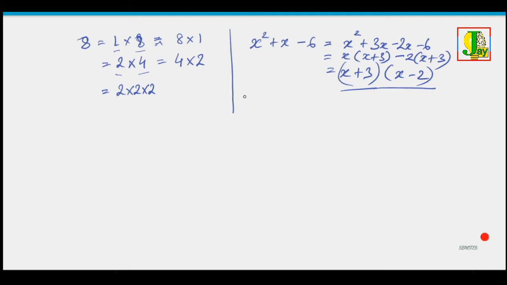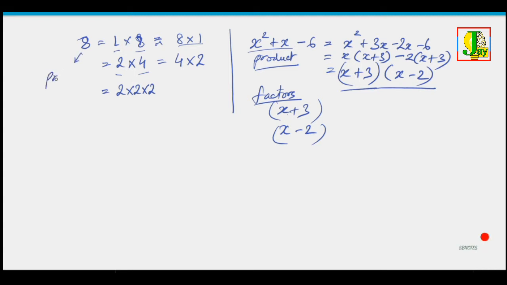If I ask you the factors, then you will write x plus 3 is a factor, and x minus 2 is a factor. These are the factors, and this is the product. The same way, 8 into 1 is the product and these are factors.